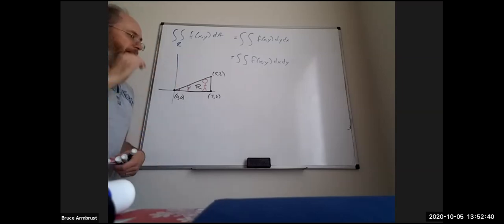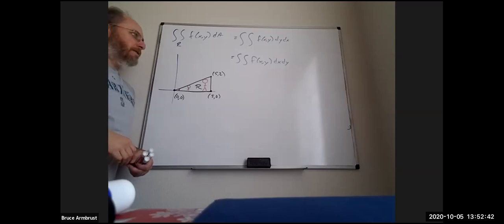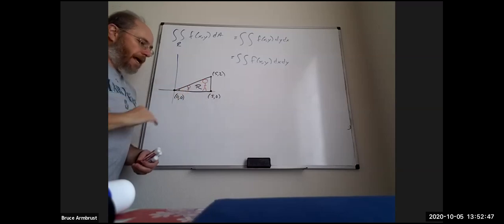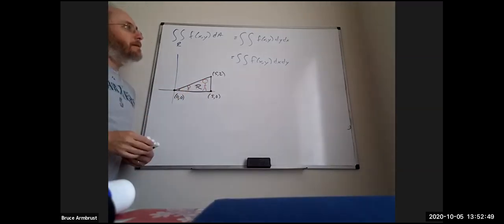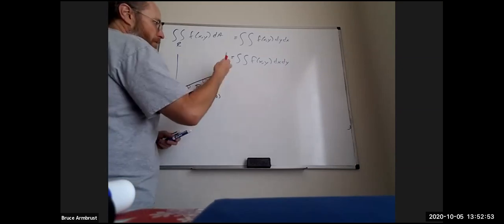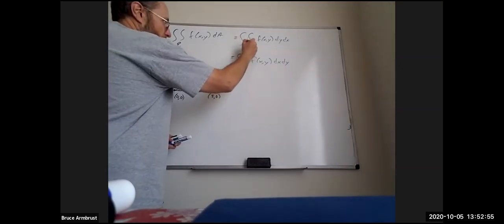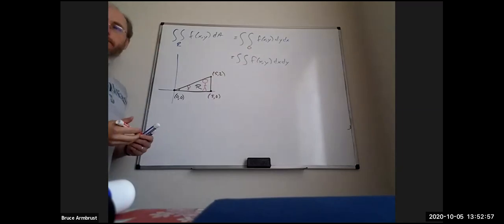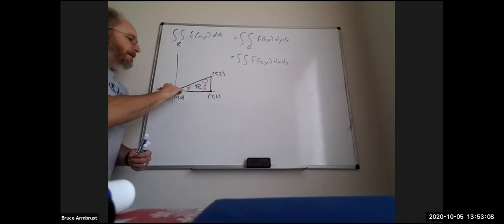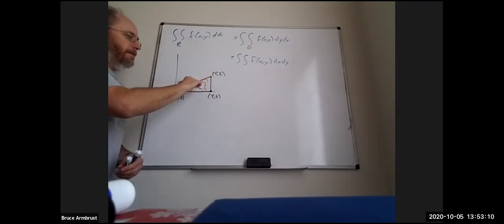All right, so let's think about head and feet. We'll start with his feet. His feet are always on the y-axis, or sorry, the x-axis. So that's going to be y equals 0. So we'll put 0 right there for his lower bound. Okay, so then what about his head? Well, his head is always on this line.